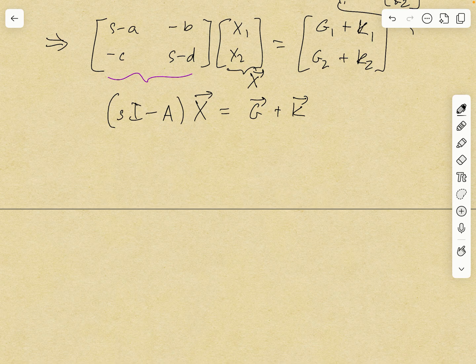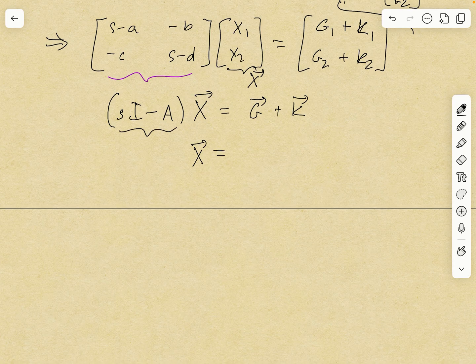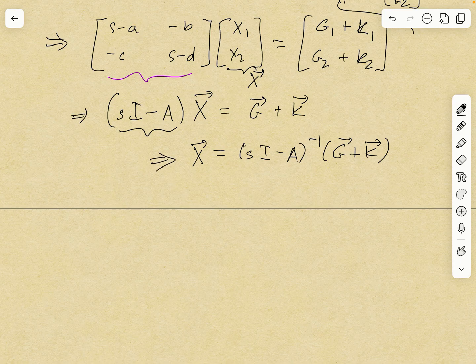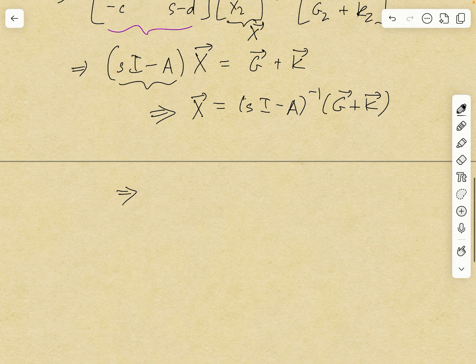And now it's easy. I can solve for capital X, because I just multiply by the inverse of this matrix. So I get little sI minus A inverse times the matrix G plus K. That gives me my capital X. And finally, I just take the inverse Laplace transform of the components.